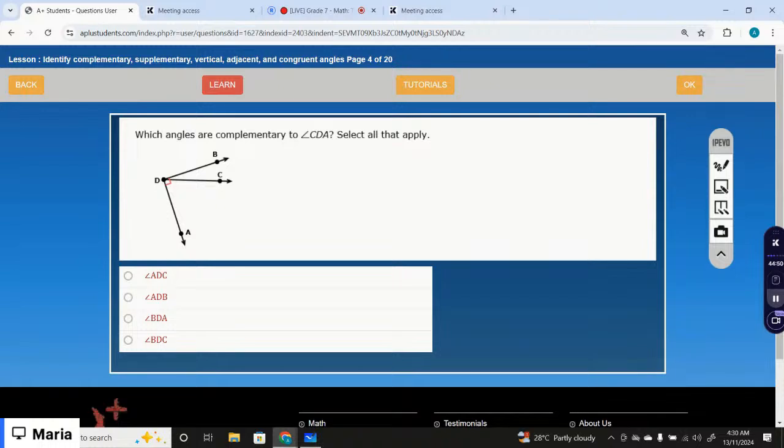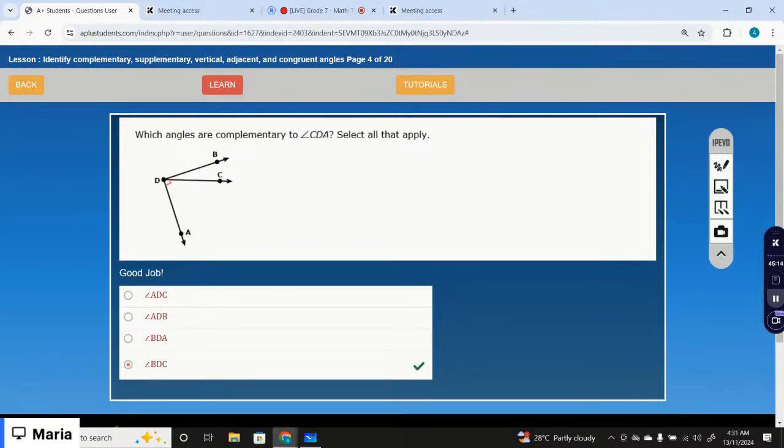Complementary angles are the ones that sum to 90 degrees, right? So angle CDA, that is angle BDC, right? Option number D is the correct option. That is angle BDC. Option number 4 is the correct option.